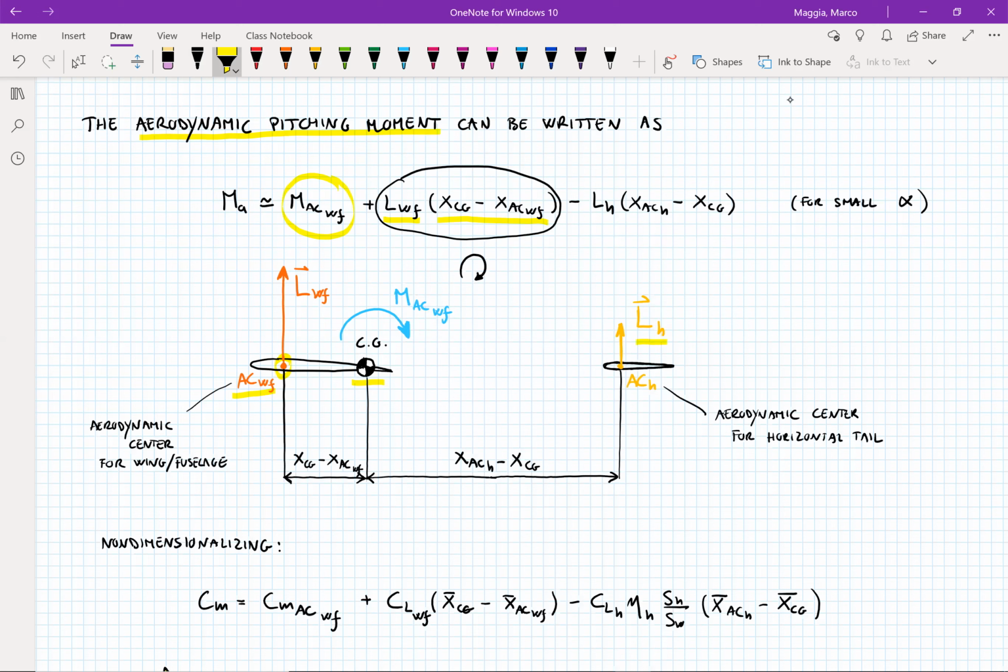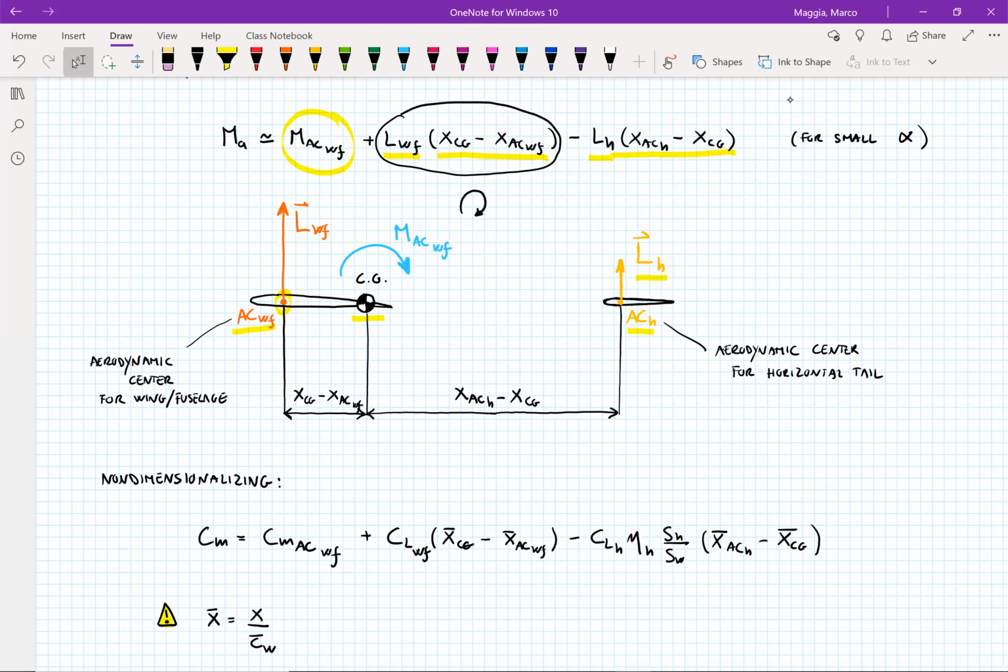And the magnitude of such moment is the magnitude of the force, so LH, times the distance between the point at which LH acts, which is ACH, or in other words, the aerodynamic center of the horizontal tail, and the center of gravity. This expression is valid for a small angle of attack.